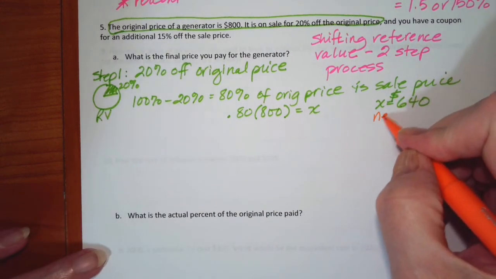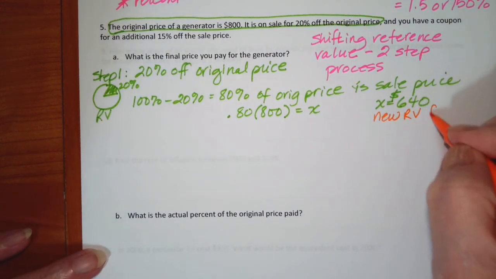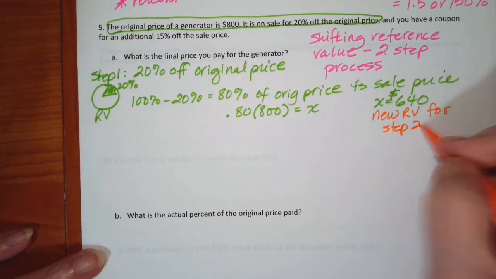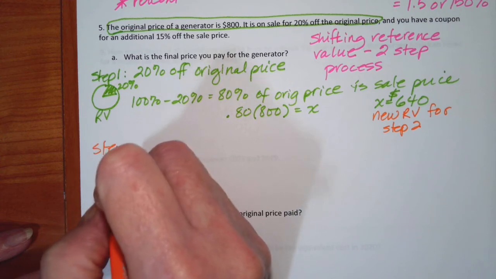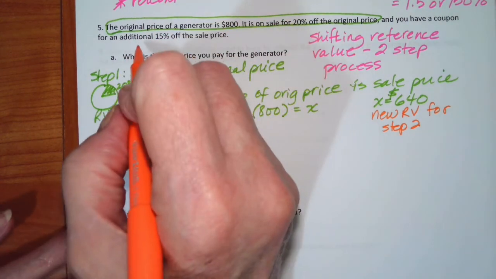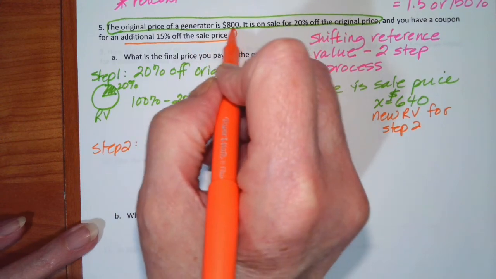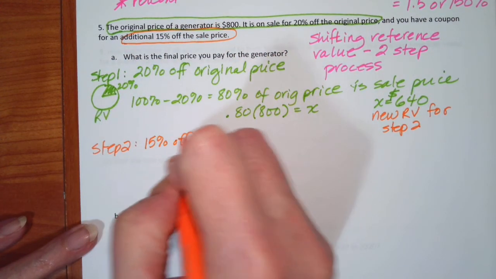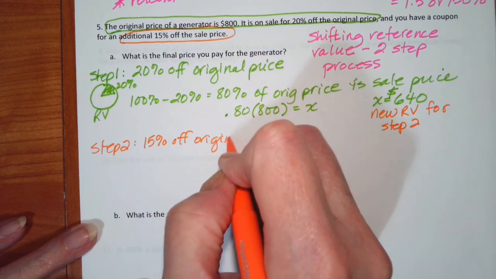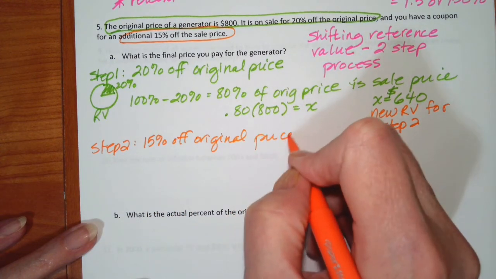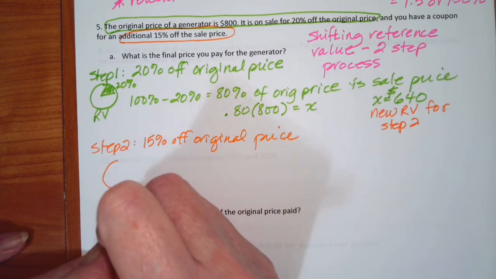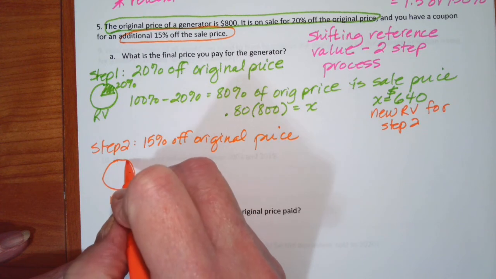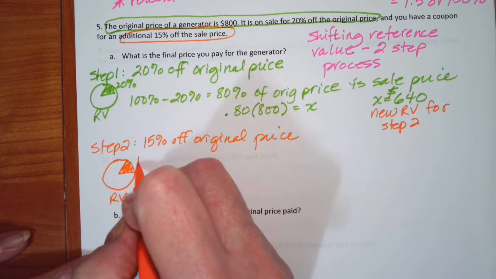This is the new reference value for step two. So in step two, I'm going to have 15% off the sale price. Okay, so again, my reference value, which is the sale price, and then I'm going to take off 15% of that.